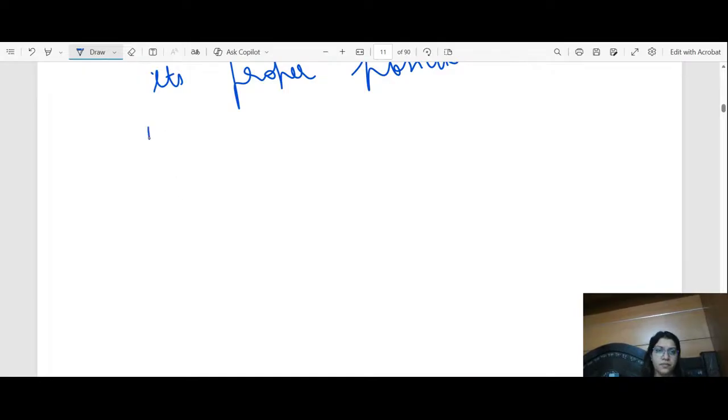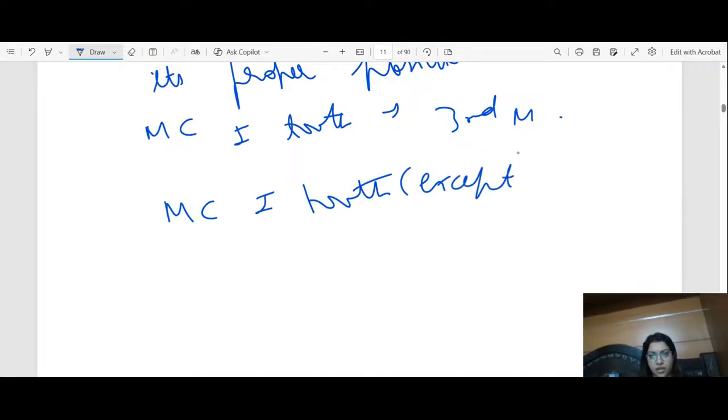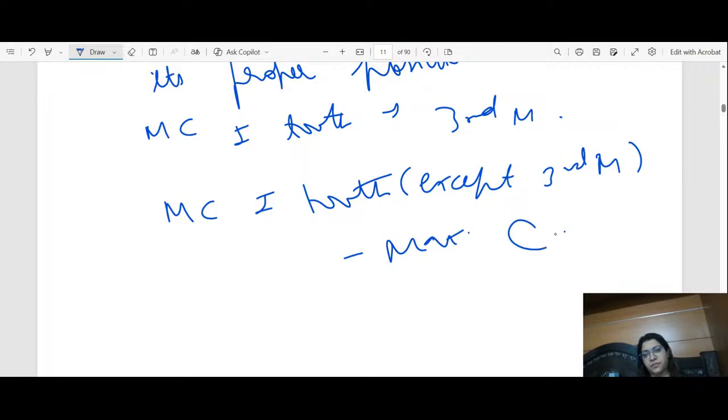Most common impacted tooth is third molar. Most common impacted tooth except third molar, or excluding third molar, is maxillary canine. Okay.